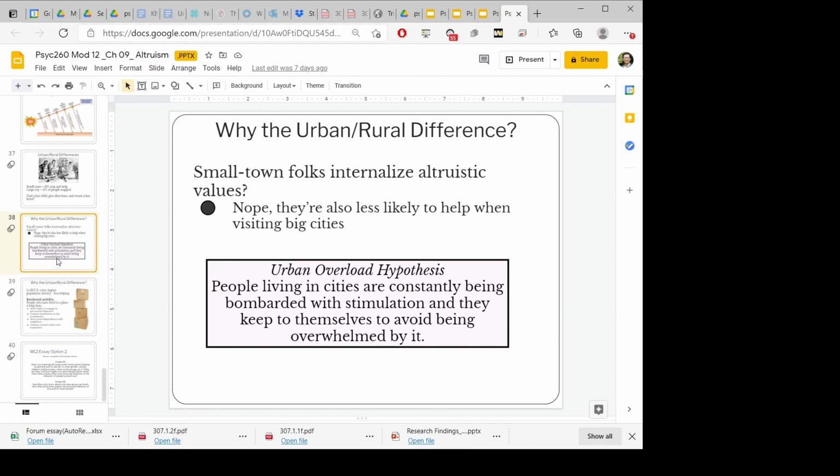A more probable hypothesis for this urban-rural difference in altruism is the urban overload hypothesis. People living in cities are constantly being bombarded with stimulation, and therefore they tend to keep to themselves to avoid being overwhelmed by it, and therefore they become less pro-social.